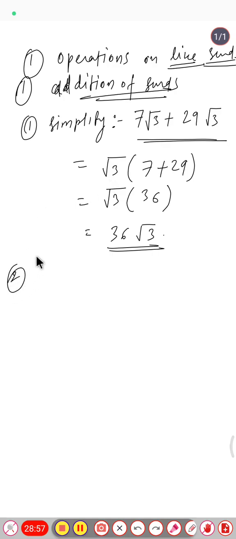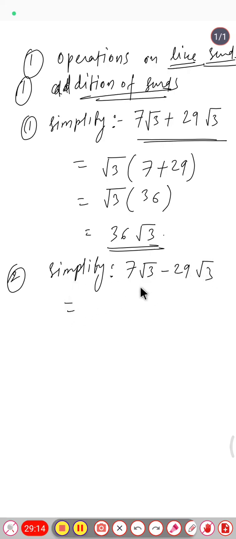Then the next one is subtraction. Simplify the surds: 7 root 3 minus 29 root 3. Similarly, in the given surds, root 3 is common, so we take it outside the bracket, and the remaining is 7 minus 29.